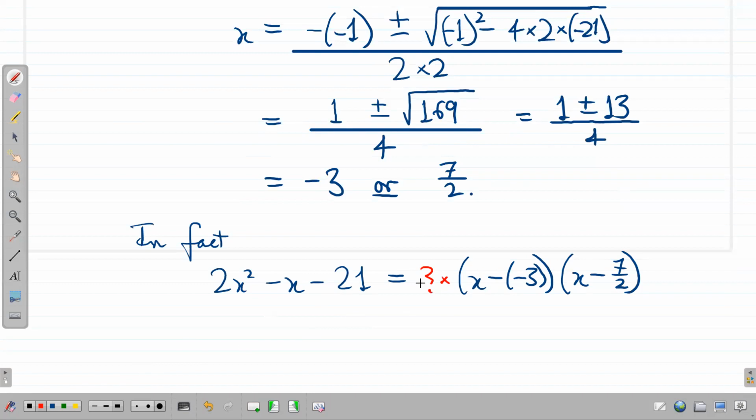Well, I know what the something on the end has to be, because if you take this bracket and you multiply it by this bracket, you're going to get an x squared coming out. So I need that question mark times x squared is equal to 2x squared on the left-hand side. So my question mark here must actually just be equal to 2.